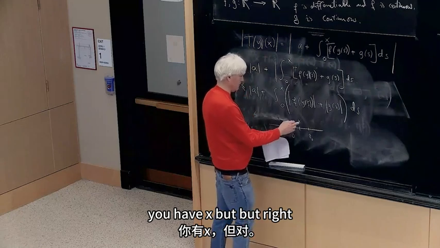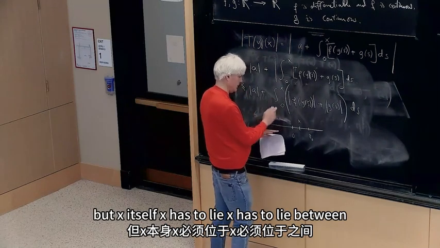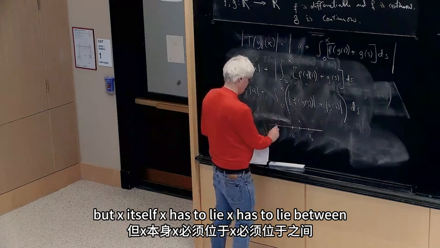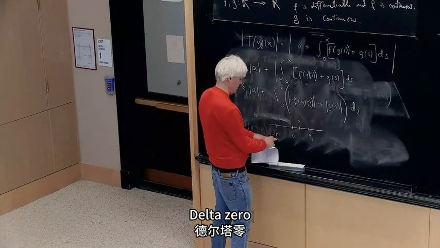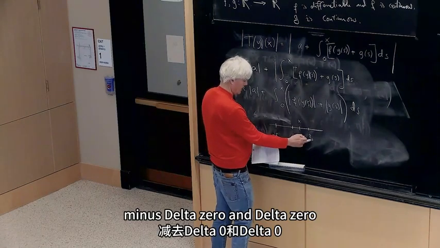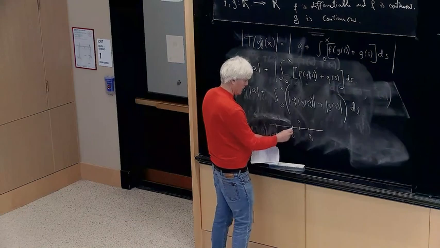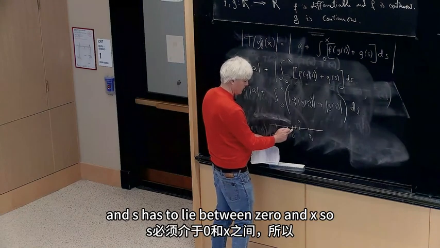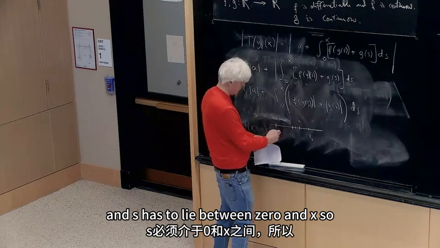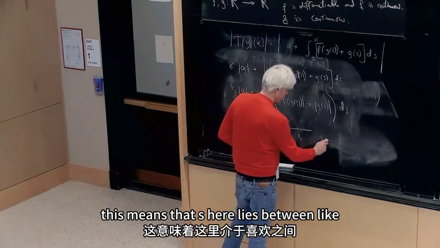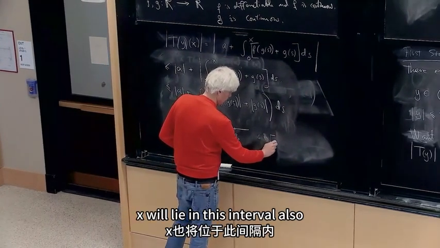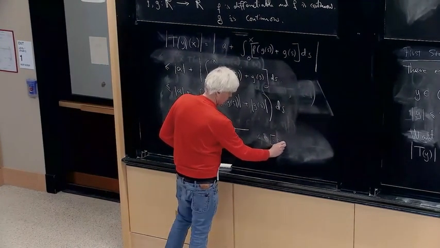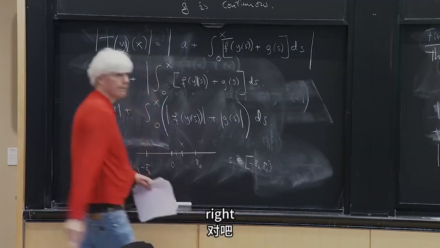But x itself has to lie between minus delta 0 and delta 0. And s has to lie between 0 and x. So this means that s lies in this interval also, right?